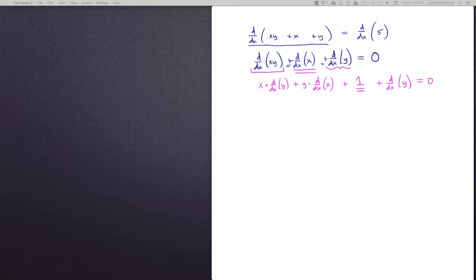Okay, now it would be natural to say that the derivative with respect to x of y is equal to 0. That's what you want to do, because there's a variable mismatch. Y, you're saying, doesn't have x's in it, so it would be a constant with respect to x.